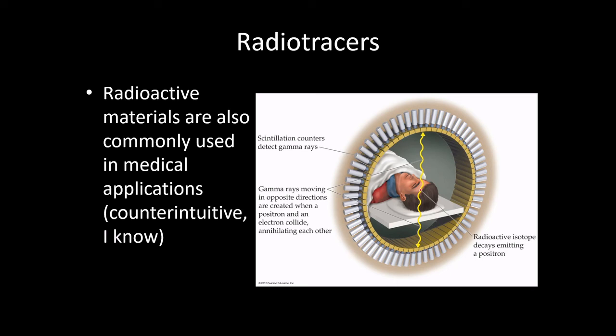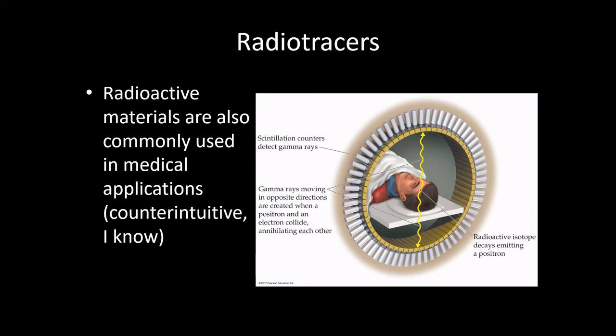And they can image where cancer cells are, because when that radioactive isotope decays and produces a positron, there's a whole bunch of electrons all around. And as soon as that positron impacts an electron, they're going to annihilate each other.